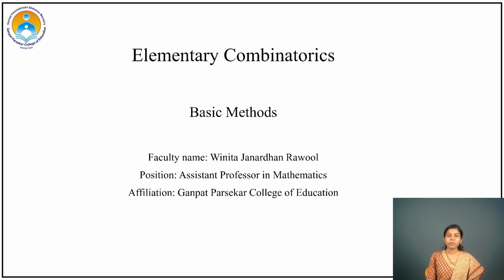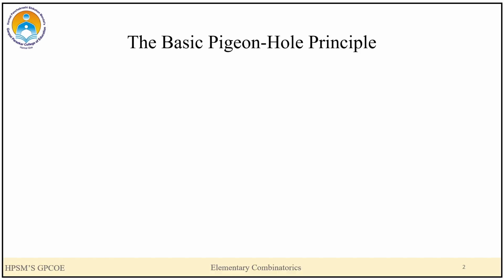In that, we will be looking at the first topic, that is basic methods, under which we will be covering 4 modules. In module 1, we will be looking at the basic pigeonhole principle. As the name suggests, what will come to your mind is the pigeons and pigeonholes, right? The statement is very simple.